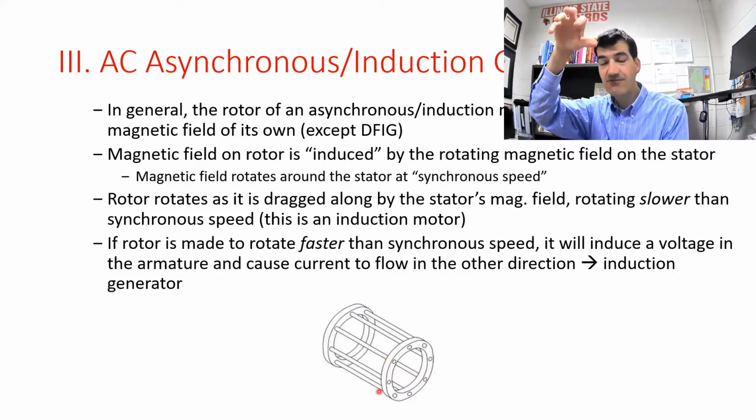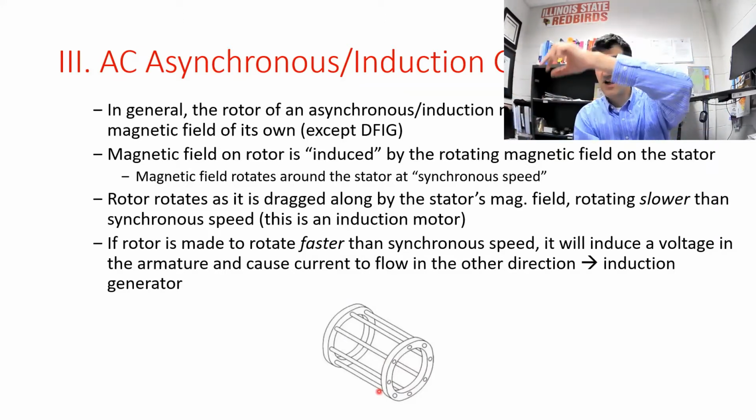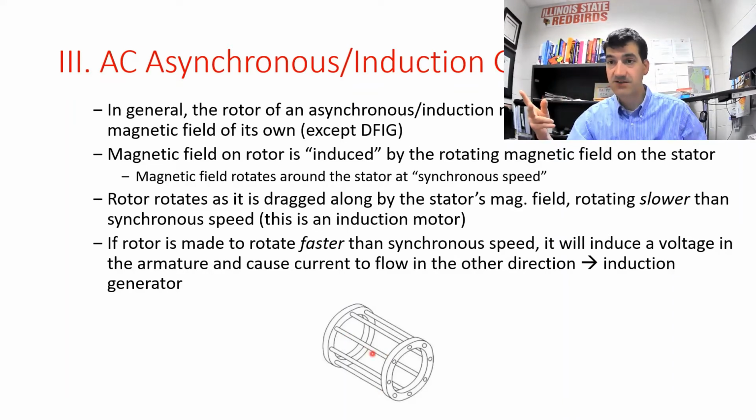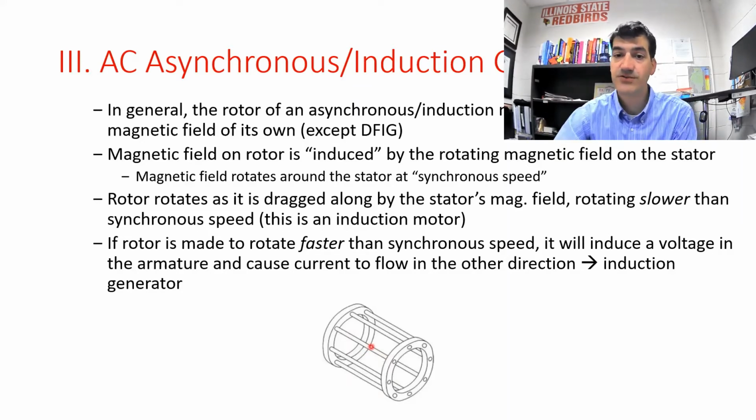But when we have that rotating magnetic field on the stator, that is relative motion. This is the conductor. So I've got a magnetic field, I've got relative motion, and this is the conductor. So I induce a voltage inside this rotor. If I induce a voltage, then I create a current going through this rotor.